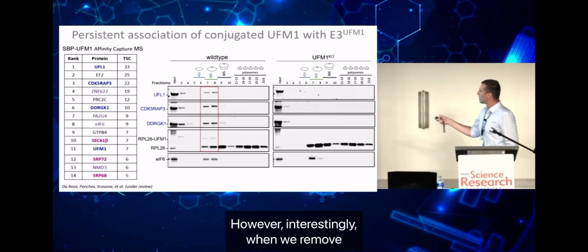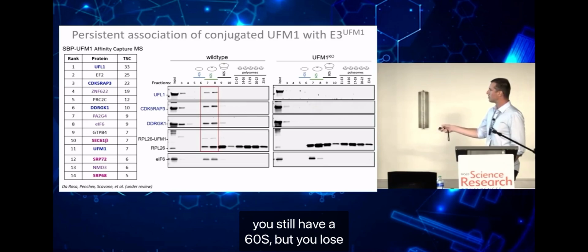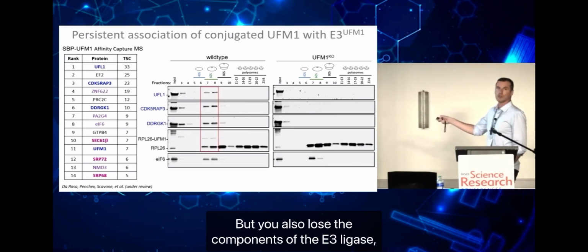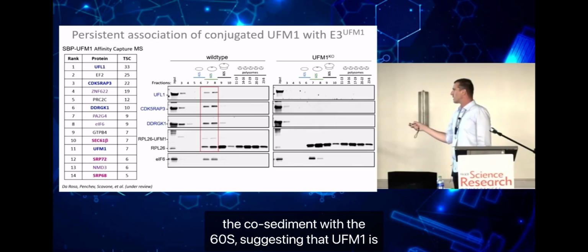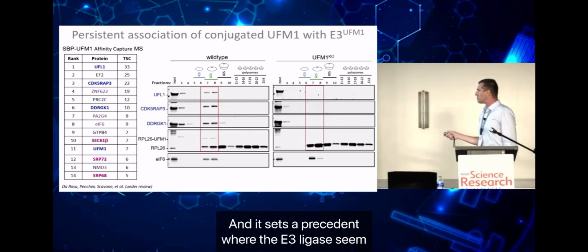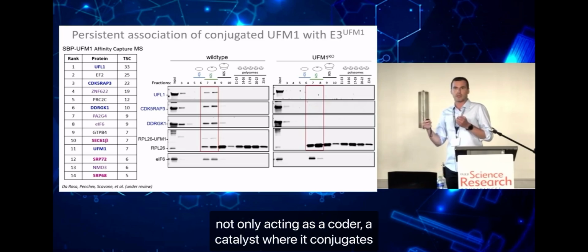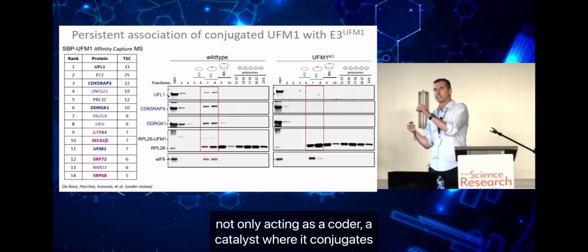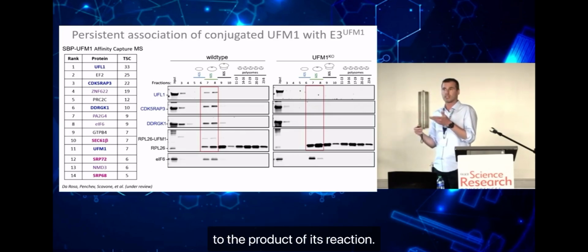However, interestingly, when we remove UFM1, in cells without UFM1, you still have a 60S, but you lose the modification on the 60S, and you also lose the components of the E3 ligase that co-sediment with the 60S, suggesting that UFM1 is required for this interaction. It sets an unprecedented case where the E3 ligase seems to act not only as a catalyst, where it conjugates UFM1, but also as an effector, because it binds to the product of its reaction.